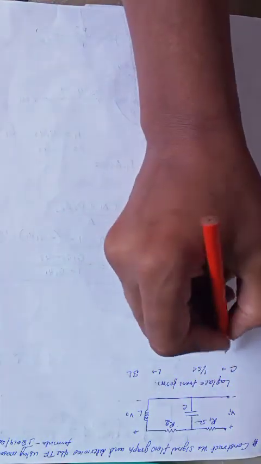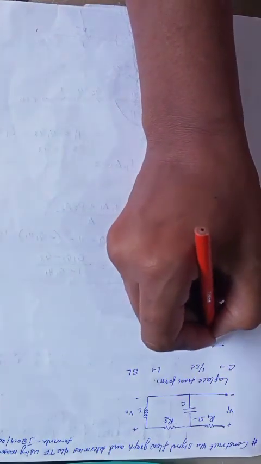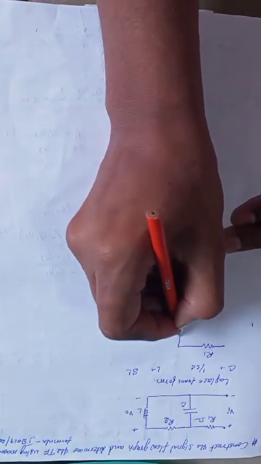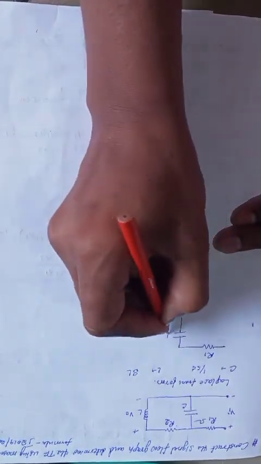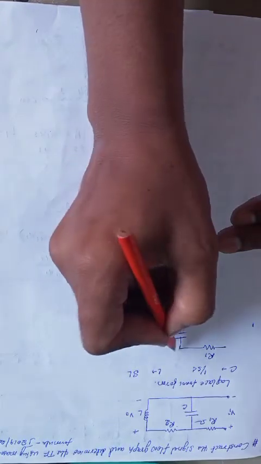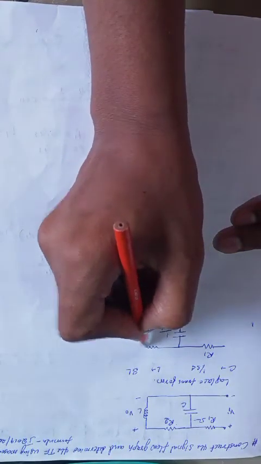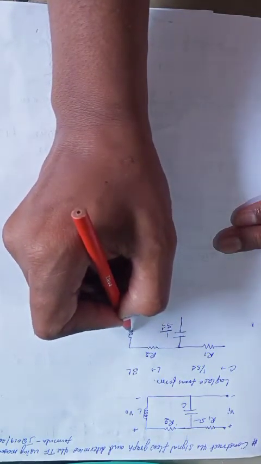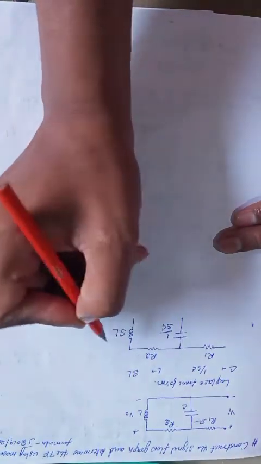Then the equivalent circuit is written like this: R1, the capacitor 1 upon S into C, and resistance R2 as it is, and then inductance S into L.